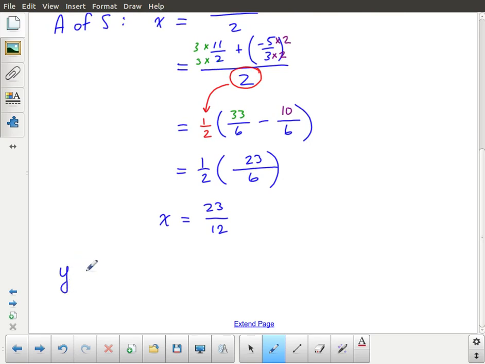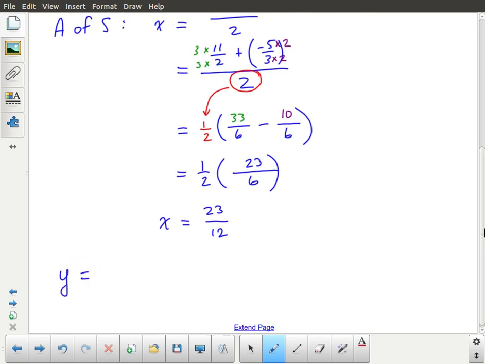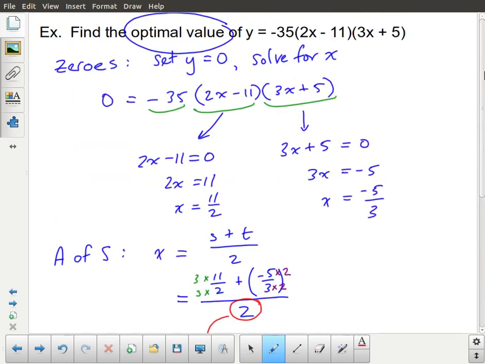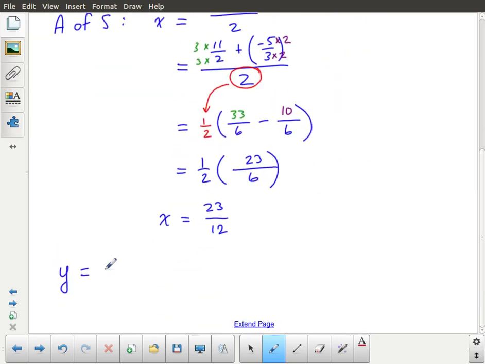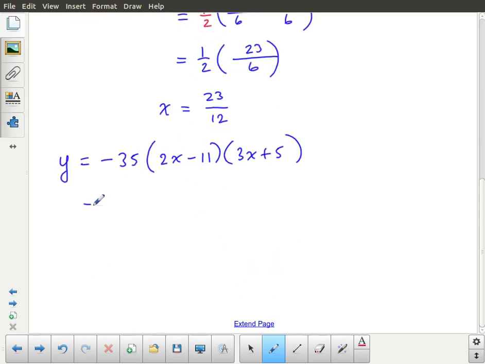So y equals, I need to go back and look at the equation again, negative 35, 2x minus 11, 3x plus 5. And I sub that in, I get negative 35.